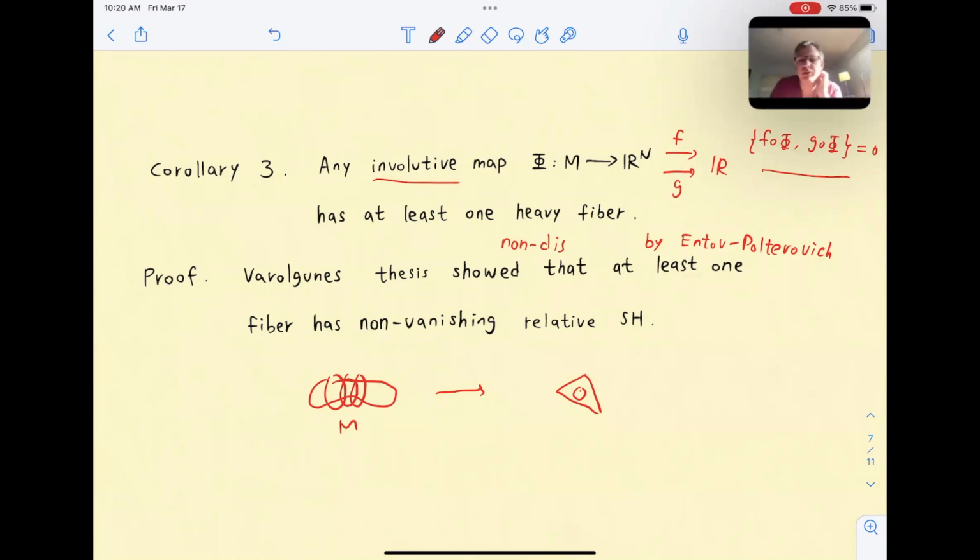Yes. You need some special assumptions for the Mayer-Vietoris, right? Yes, yes. So in this case, these assumptions are satisfied by this involutive map, such that those pre-images are somehow Poisson commutative. Then they fit into this somehow more advanced condition for the Mayer-Vietoris.